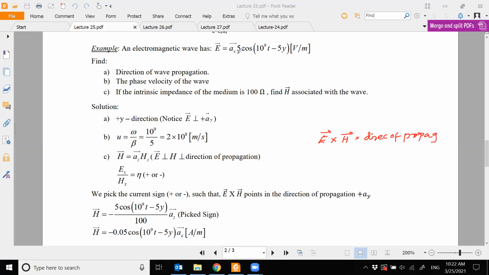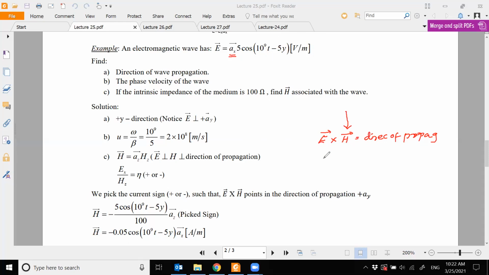Now I need the component of H. Will Hx be the associated field, will Hy be there, or will Hz be there, and what will be its direction? Will it be positive or negative? You can find that from this expression.